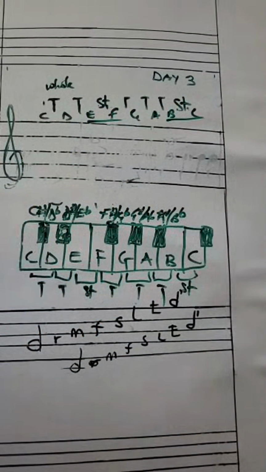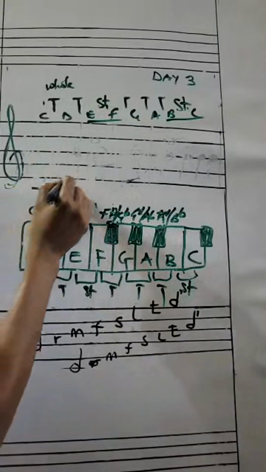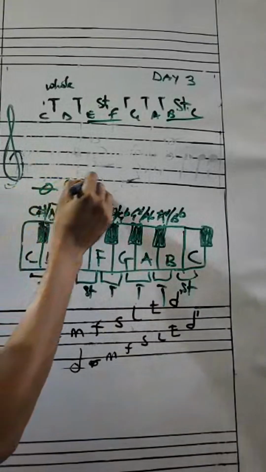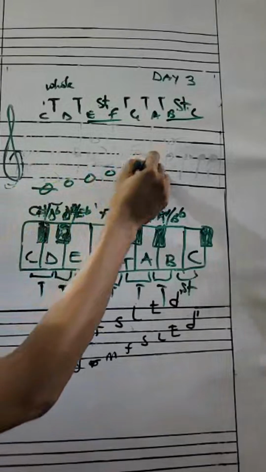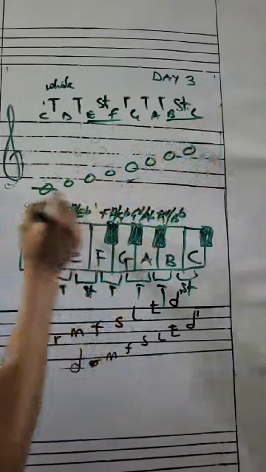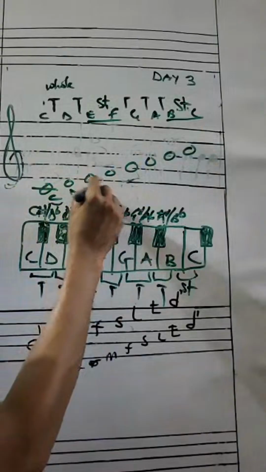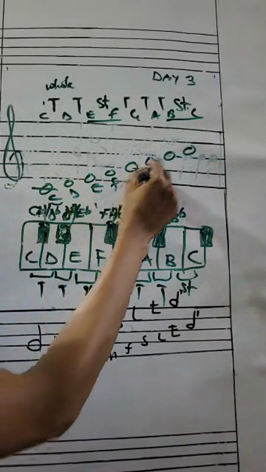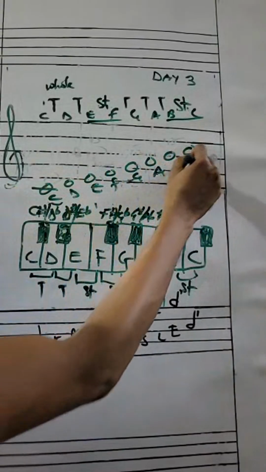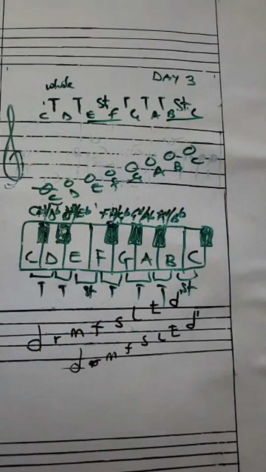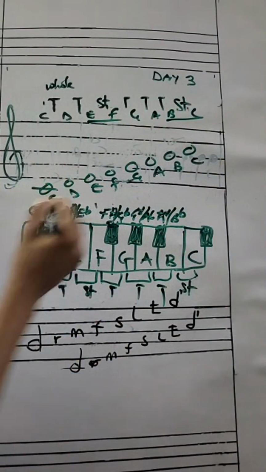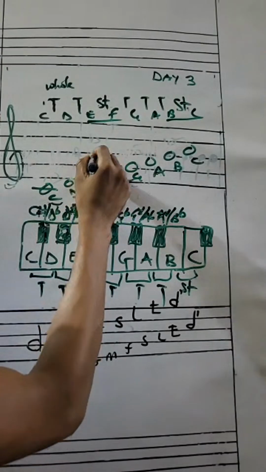So you apply that to your music, like what we did before. How do you apply it? You add up C, D, E, F, G, A, B, C. So C here, D, E, F, G, A, B, and C. So you know already that this is a semitone.